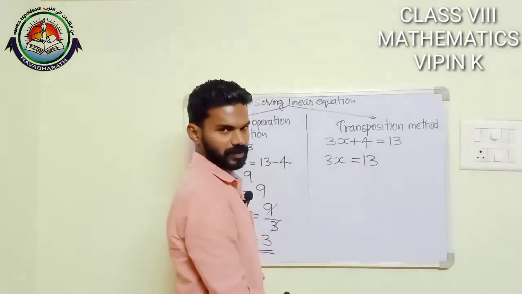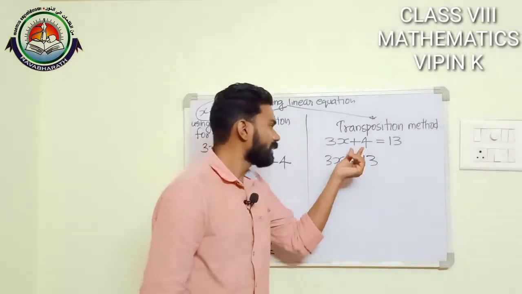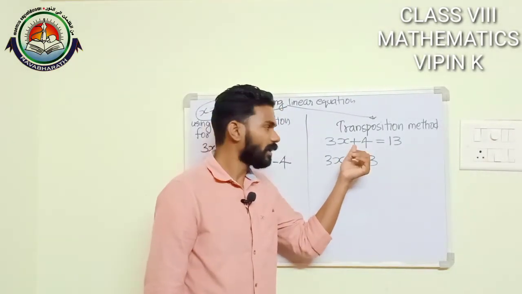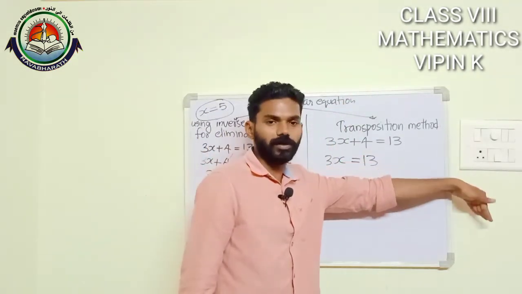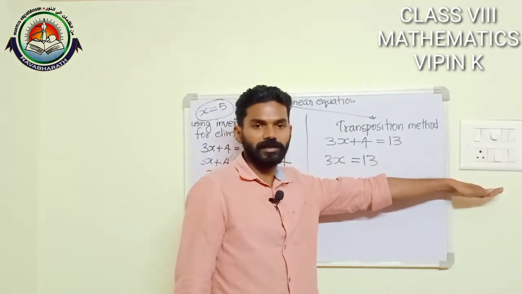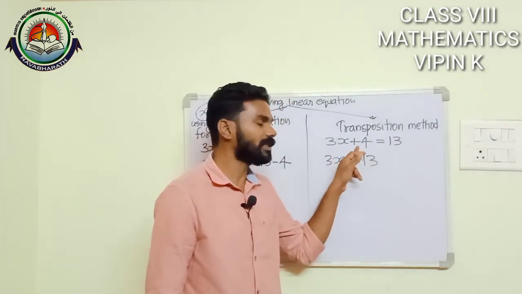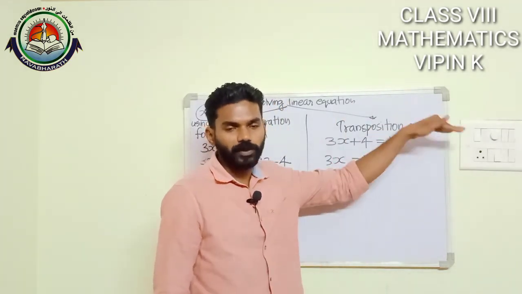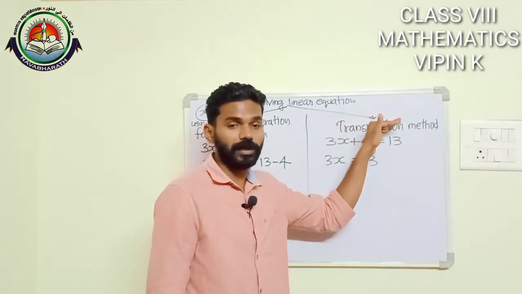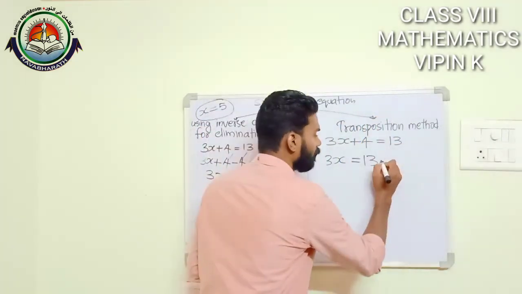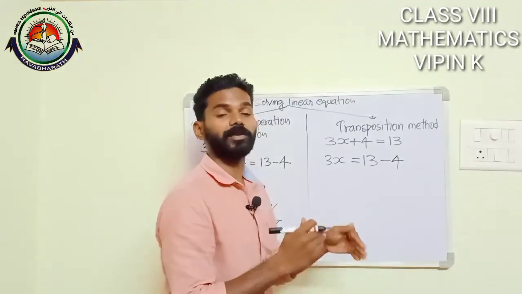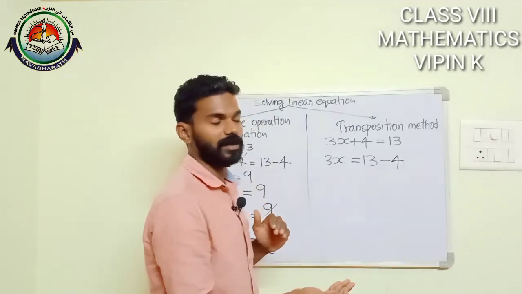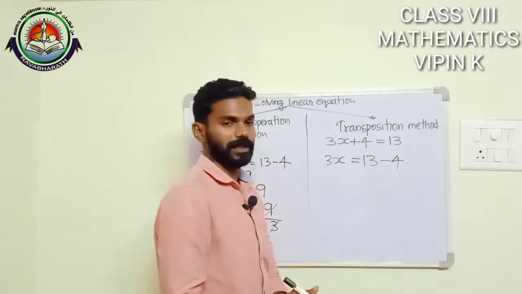Now this addition of 4, I am going to transpose onto the right hand side. So when this plus 4 is transposed to the right hand side, it would become minus 4. When we are transposing, the operation must be reversed. So plus 4 would become minus 4.